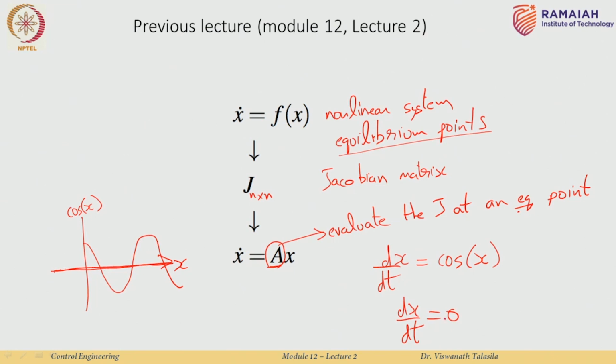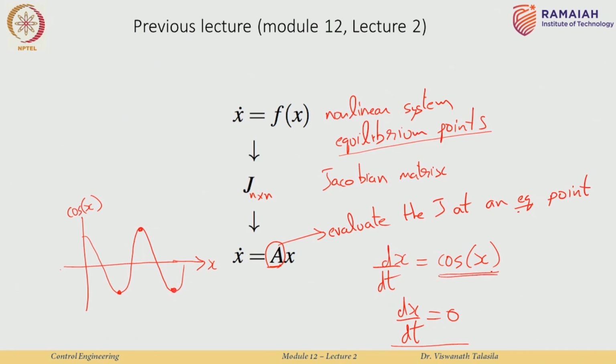Now, you see that for this simple example of the cosine of x, if you try to compute the equilibria, you have multiple locations, the angles that is, where the derivative of the dynamics actually goes to 0. So, this would be one place, you have this, and so on and so forth.